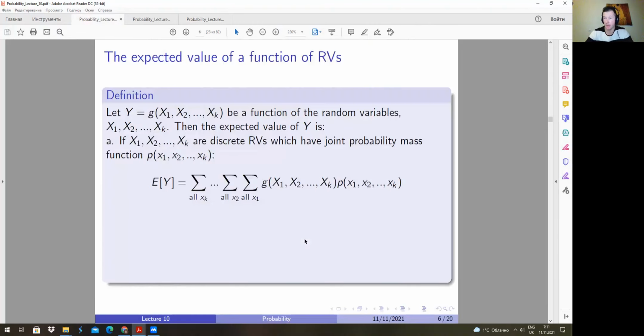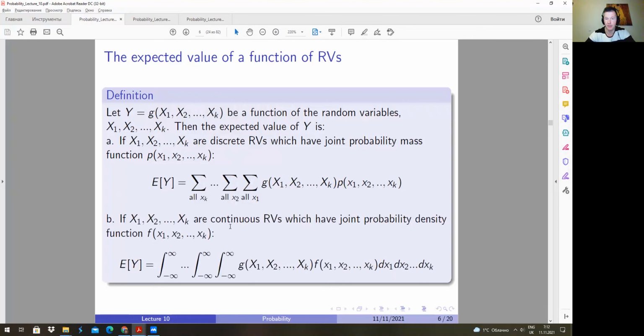So now again we extended this to the general concept that we have more than one variable, and we have these k sums over all values of x1, x2, x3, x4, and so on. So this is for the discrete case.